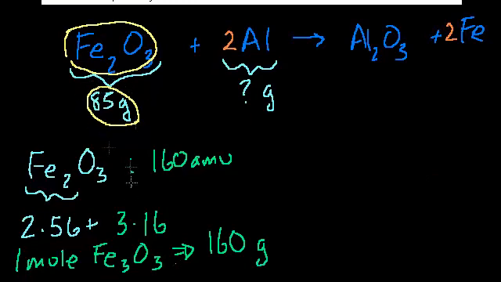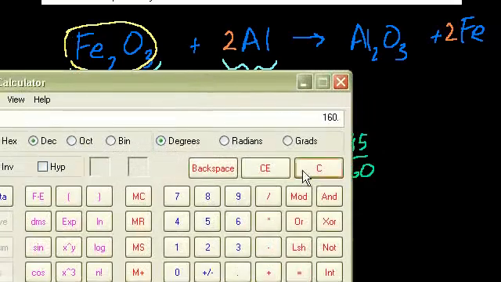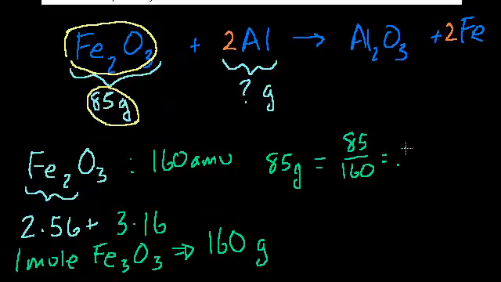How many moles is that? Well, 85 grams of iron 3 oxide is equal to 85 over 160 moles. So that's equal to 85 divided by 160 equals 0.53125, or about 0.53 moles.